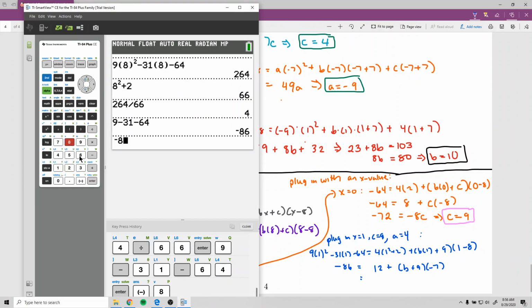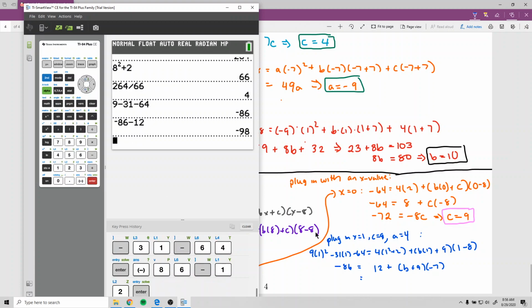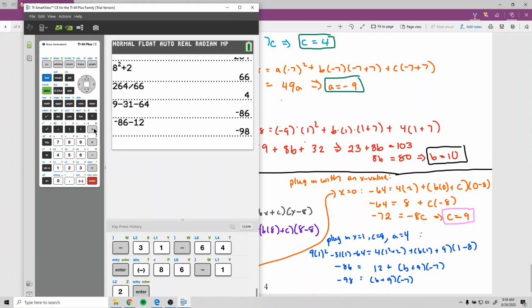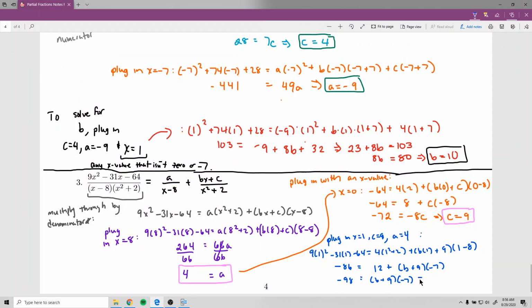And negative 86 minus 12 should be negative 98. It is. I subtract 12 from each side, and we got b plus 9 times negative 7. Then divide each side by that negative 7. And that should be 14, and it is.